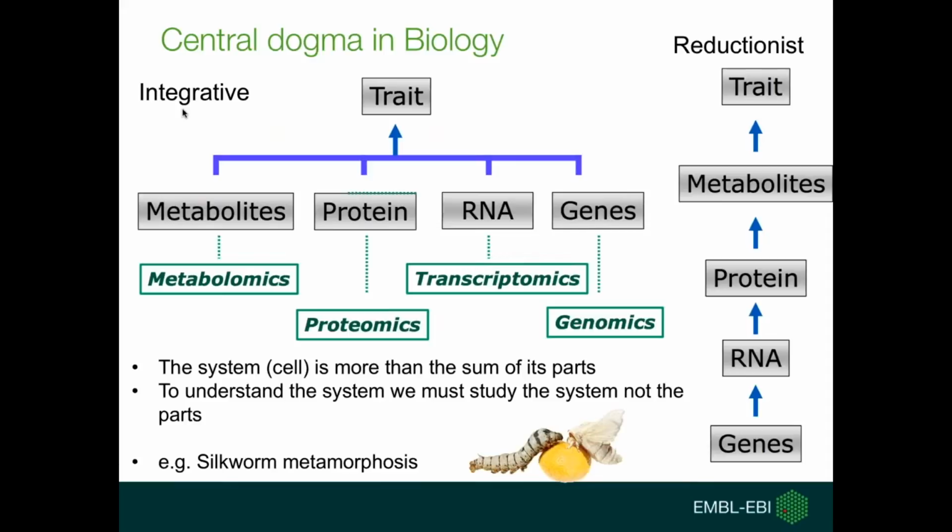The best example that people give when studying systems biology is silkworm metamorphosis. Everyone is familiar with how a silkworm goes through different phases of metamorphosis, and the genes and genome of this species are quite well known. But just knowing the genes doesn't describe how the silkworm changes and goes into metamorphosis.